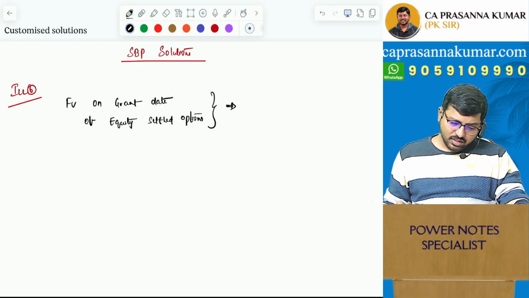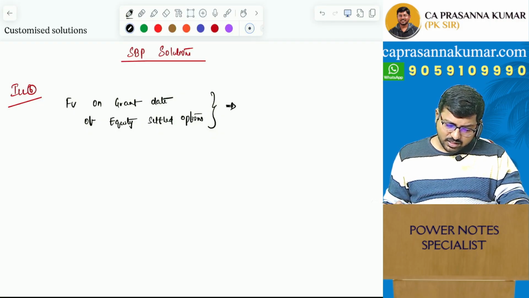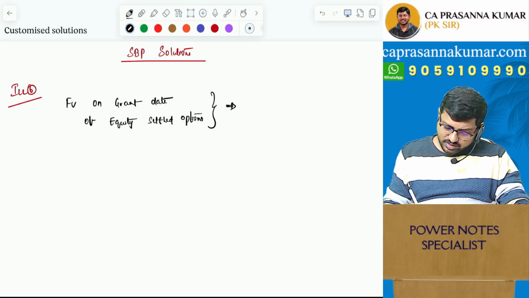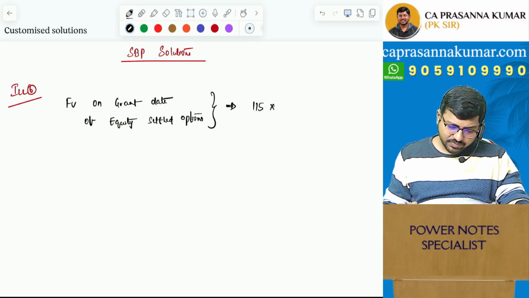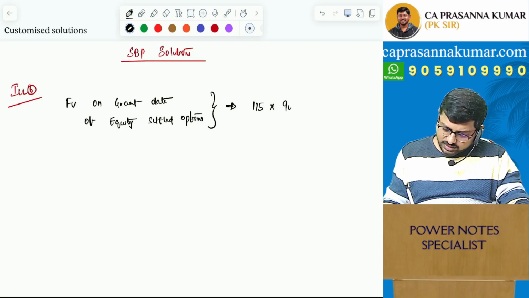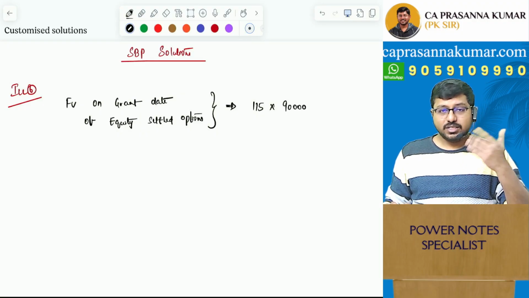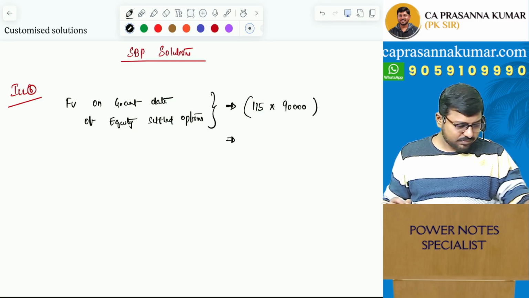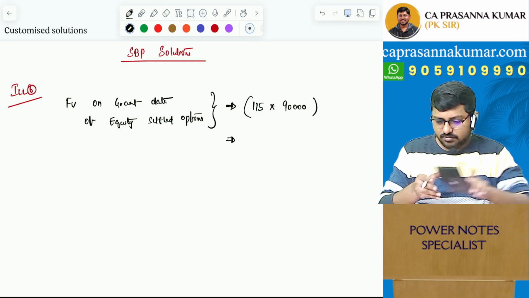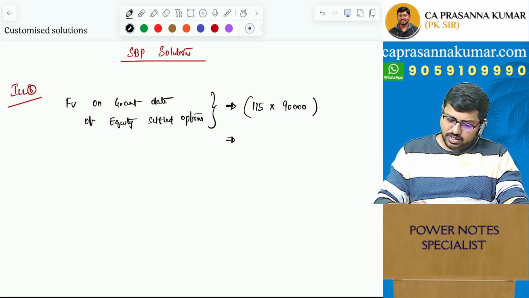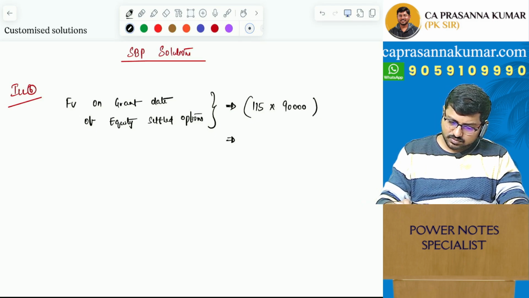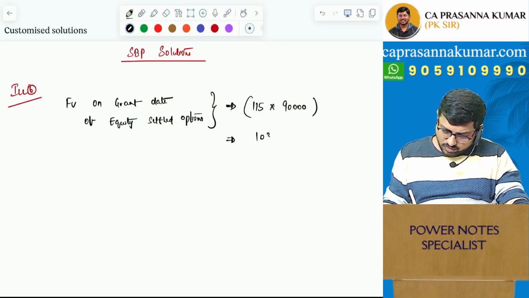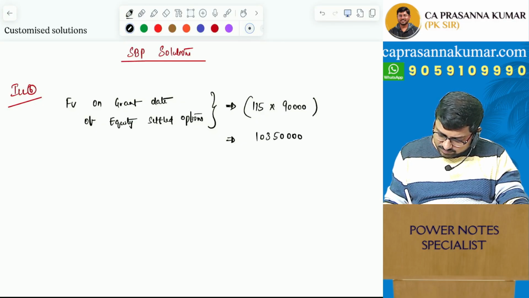Okay, so what is the fair value on the grant date with respect to equity settled? The fair value with the restrictions is 115 into number of shares with respect to equity settled, which is 90,000, because we know that it's going to be more, right? That's it. That should give you your fair value. 115 into 90,000. 1 crore 3 lakhs 50,000.